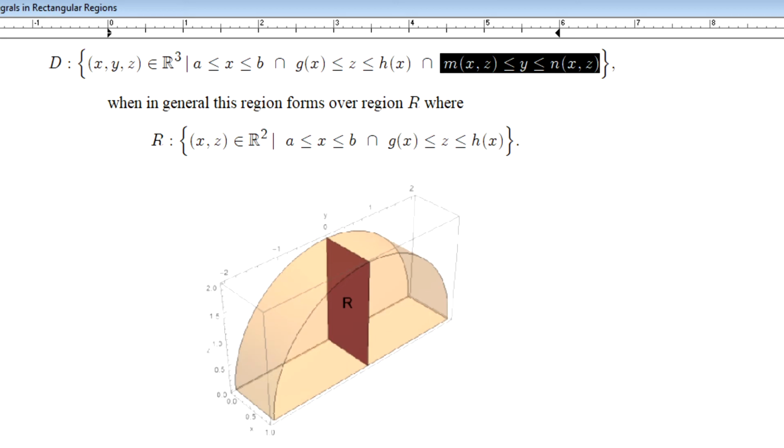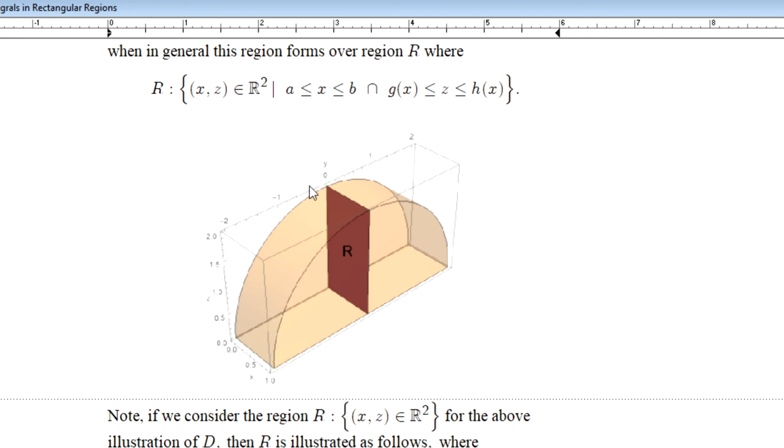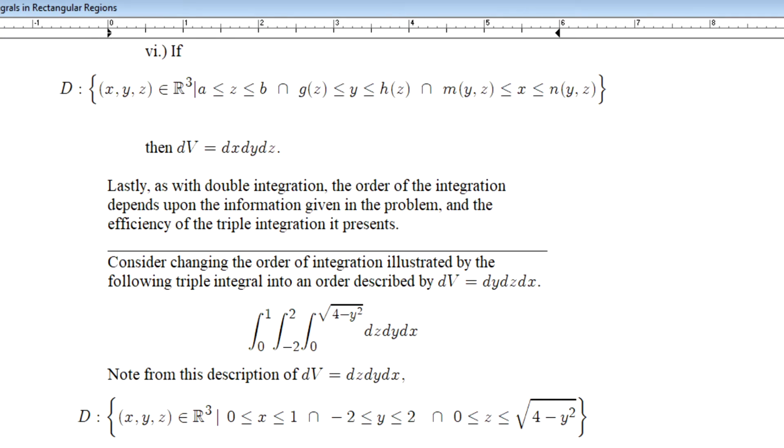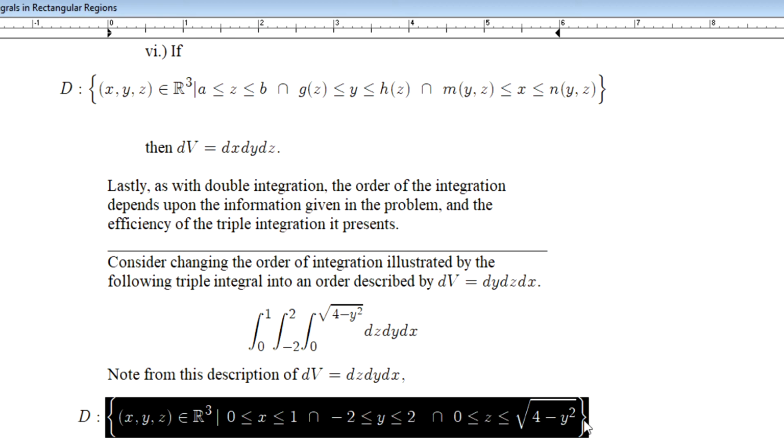What describes those bounds on y are going to be functions technically only given by z.